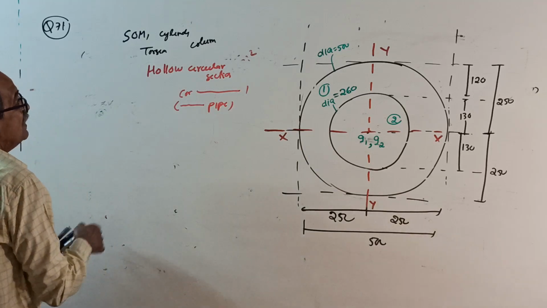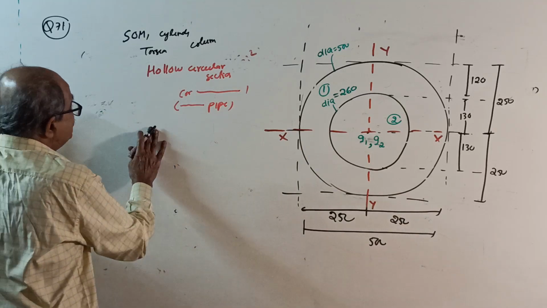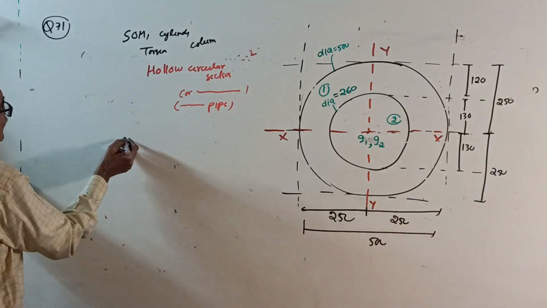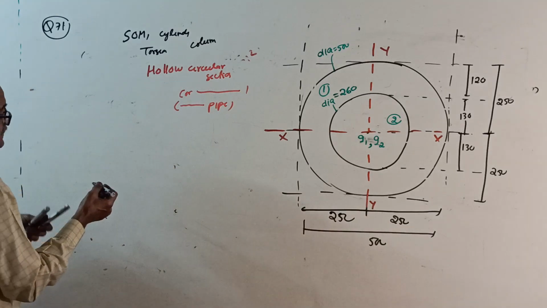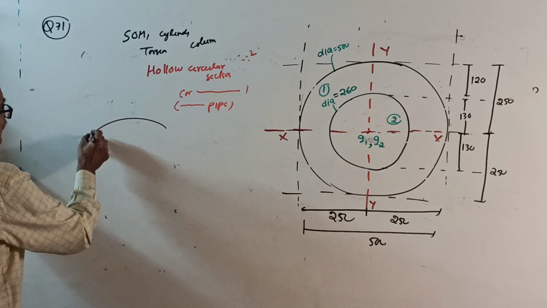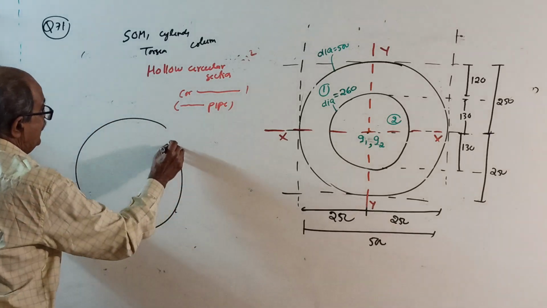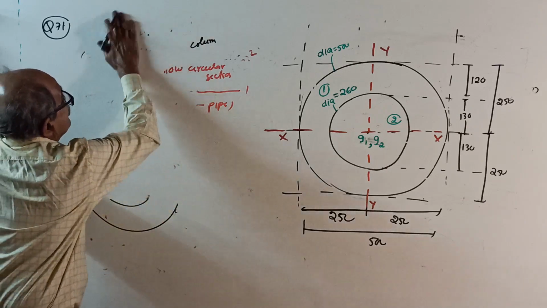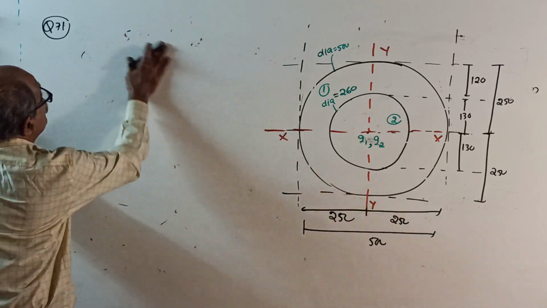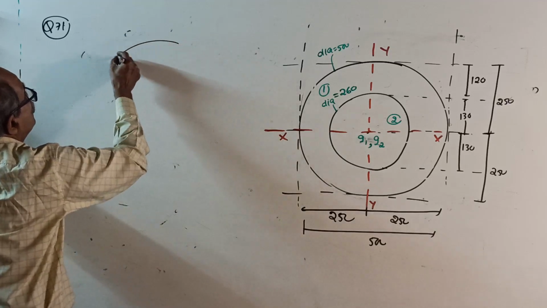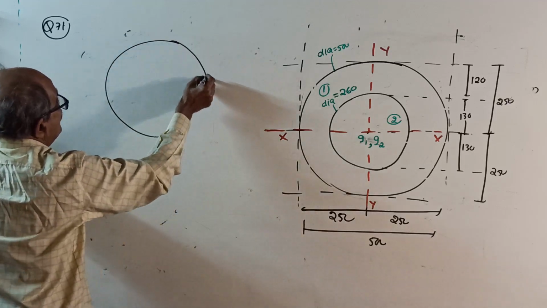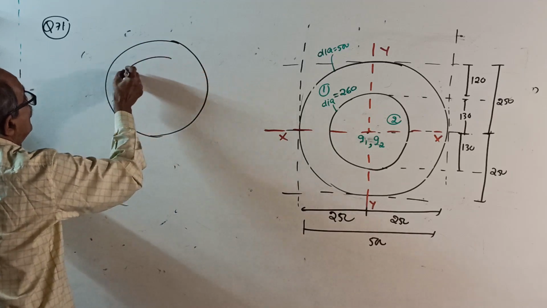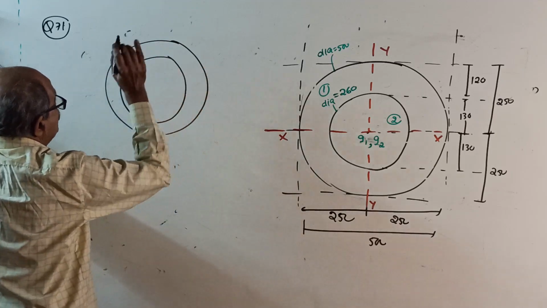Pipe section. I told you long back, in such cases you need not write a sketch, etc. One cross section you write here, this way and this way, whatever is there. In such cases, you show the sketch. Write the sketch here, one circle, out of scale.